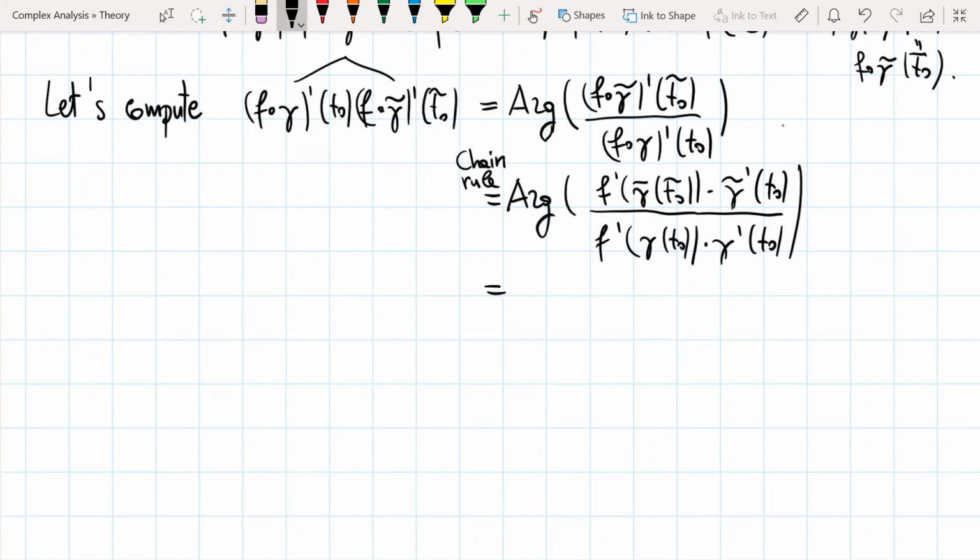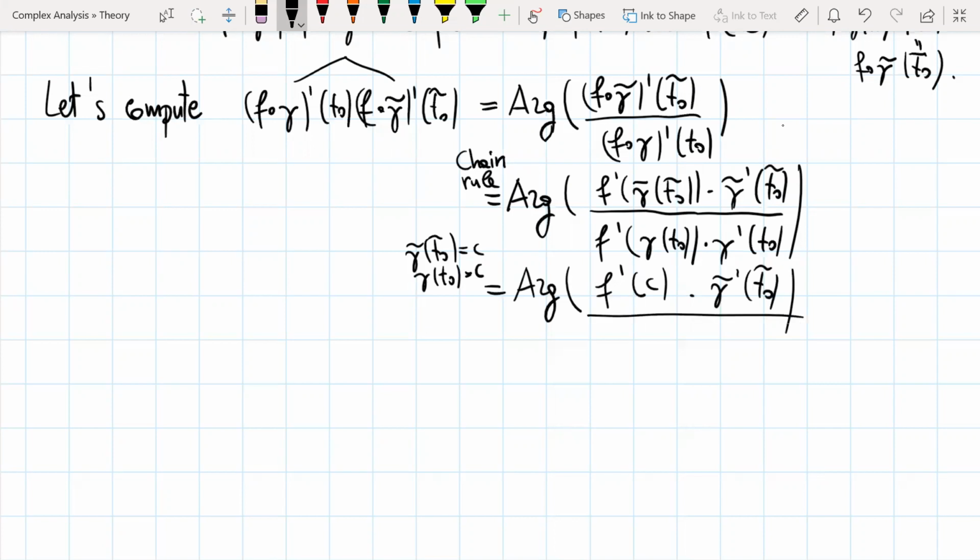So now we use that gamma tilde T0 tilde is equal to c, and also gamma T0 is equal to c. So now the derivative of f in c at T0 tilde, but also below we are taking the derivative of f in c.